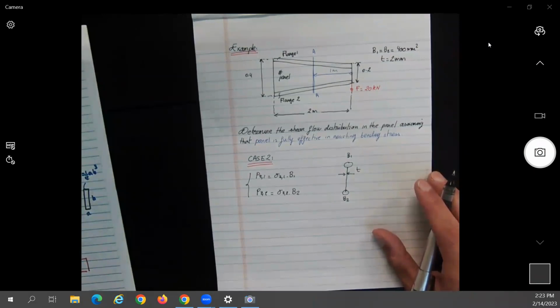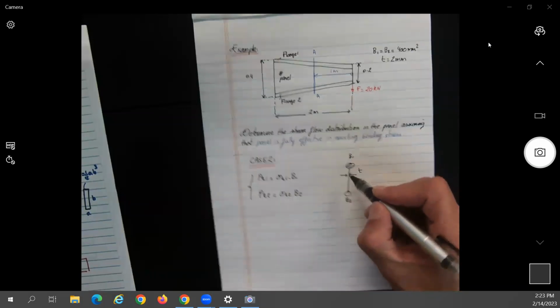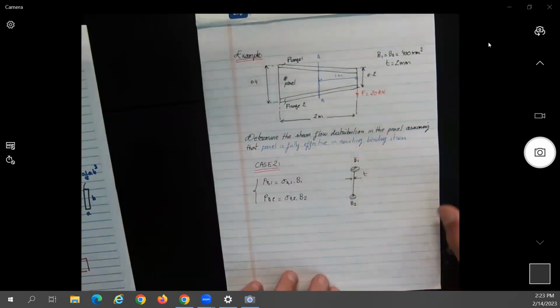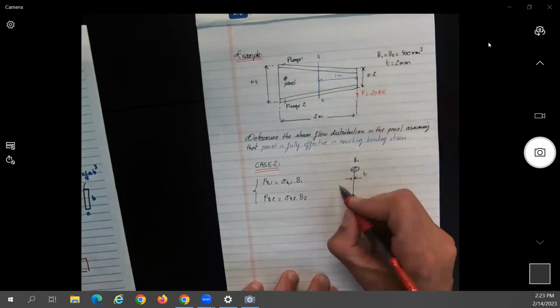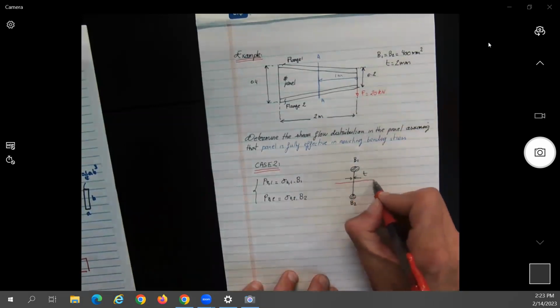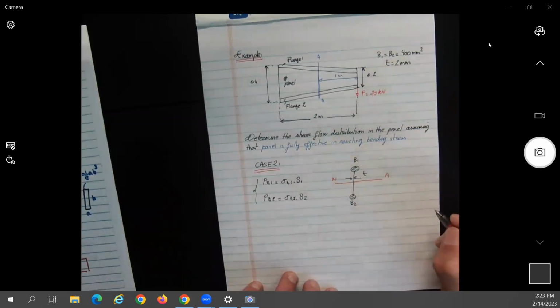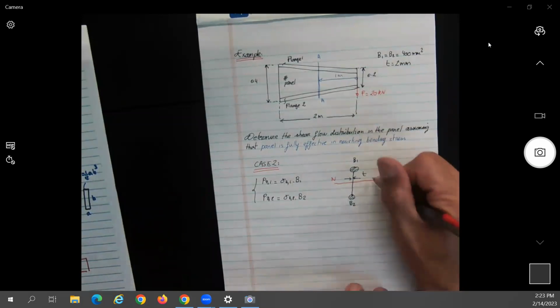B1 is the total area of flange one. Yes, correct. This is the idealization of flange one, this is the idealization of flange two. Since B1 and B2 are equal, the neutral axis will be located right in the middle, no? From here we calculate the y's over here.